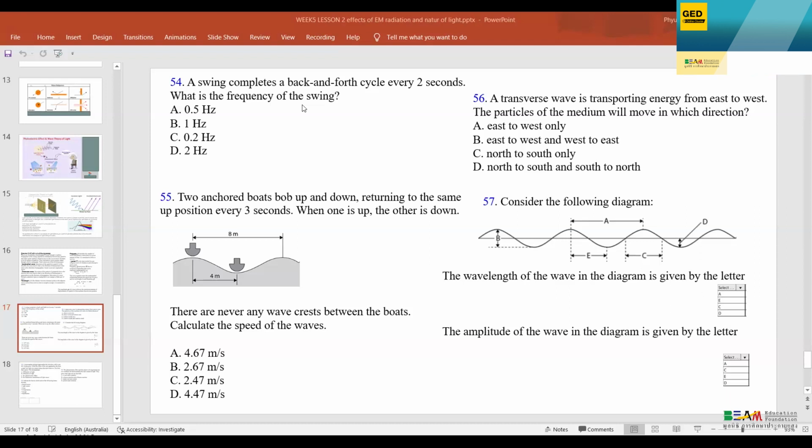C, north to south only. Yes, the particles will be vibrating up and down, because the wave is going east to west. So the particles move up and down. In this case, the answer should be D. Everyone agrees.